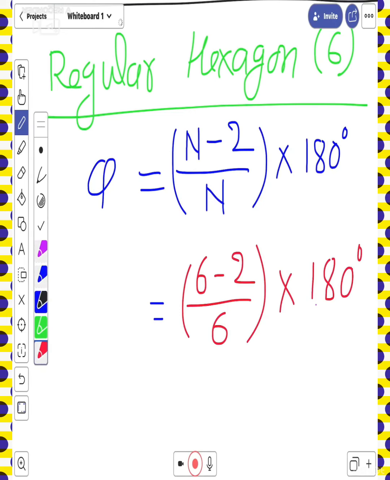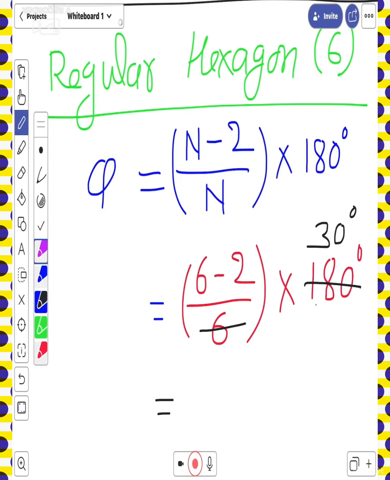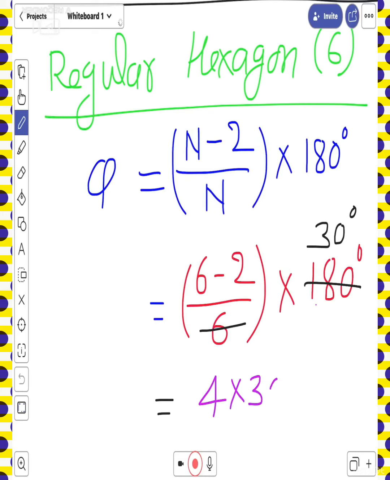So what you will get here, that is 6 ones are 6, and 6 threes are 18, and the 0 also, so 30 degrees. And 6 minus 2 is how much, dear? This is 4. So you will put 4 into 30 degrees, that is 4 threes are 12, that is 120 degrees.